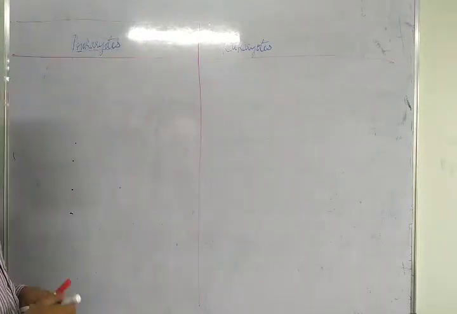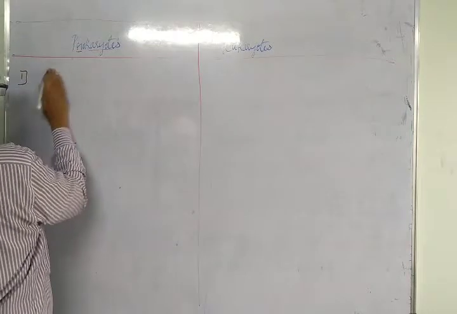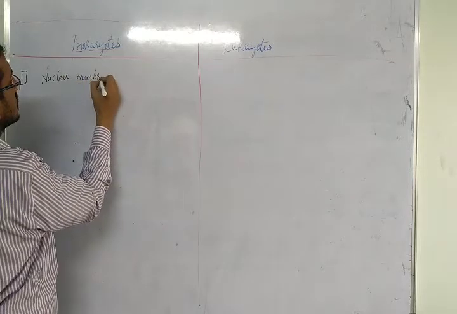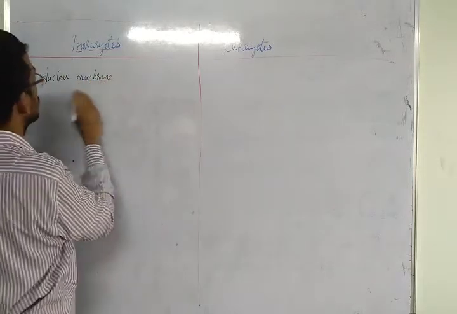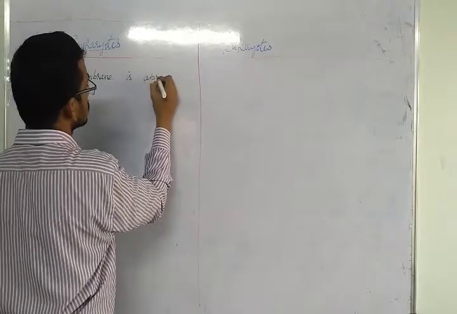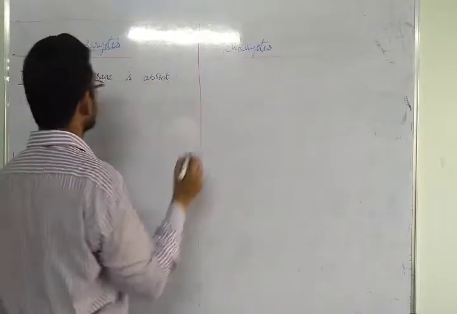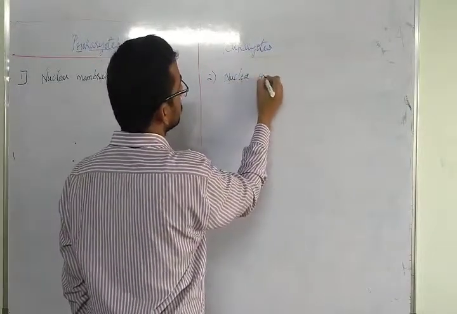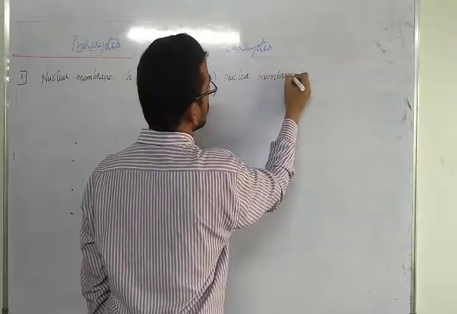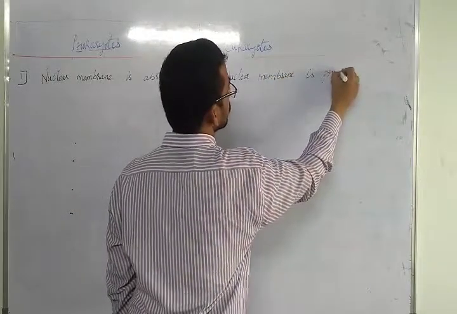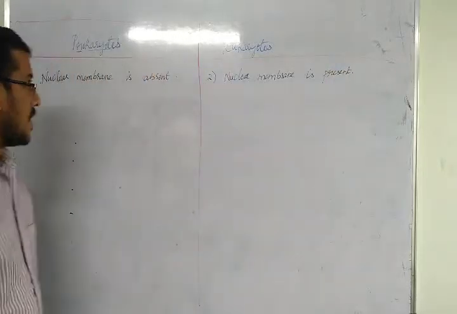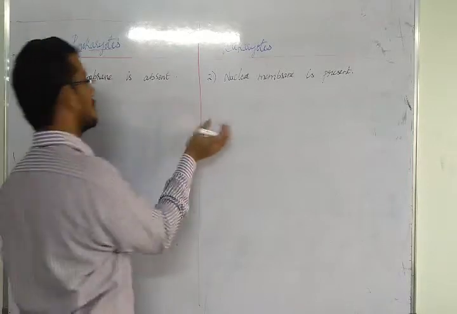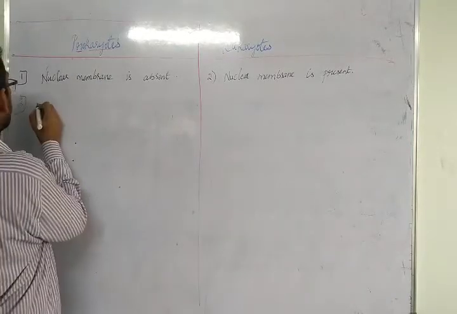What you should write first: here the nuclear membrane around the nucleus is absent. Nuclear membrane is absent. Here the nuclear membrane is present. So a well-defined nucleus is not present here, and here it is present.